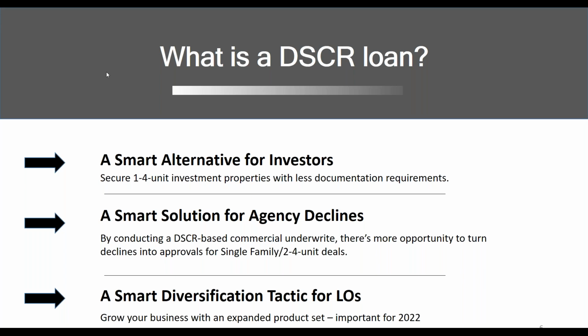But as you'll see, once you start submitting some loans to us, we are very competitive from a rate and term standpoint. Now, what is really different about this, and for a lot of you that have done your careers in residential lending, is that it's a debt service coverage ratio based underwrite, which means we are not necessarily running debt to income ratios or calculating or gathering even the borrower's complete personal income.